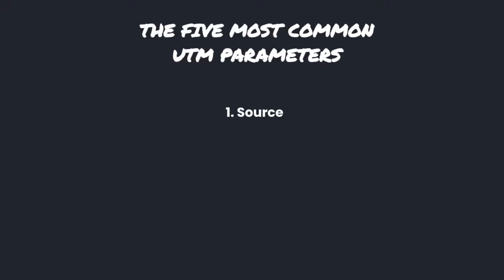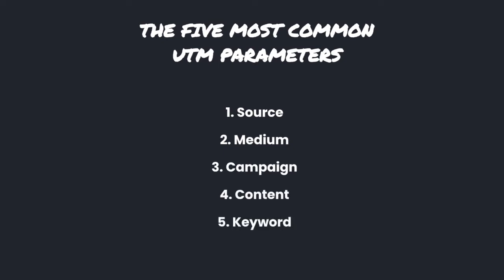But as I said, theoretically there are an unlimited amount of UTM tracking parameters that you could use. But there are 5 big UTM parameters that should usually be enough for a starter account. So let's talk about them real quick. Those 5 parameters are: first, source; second, medium; third, campaign; fourth, content; and fifth, keyword.